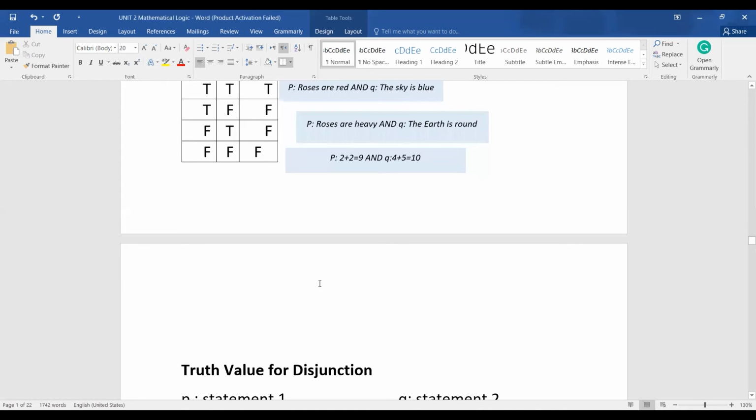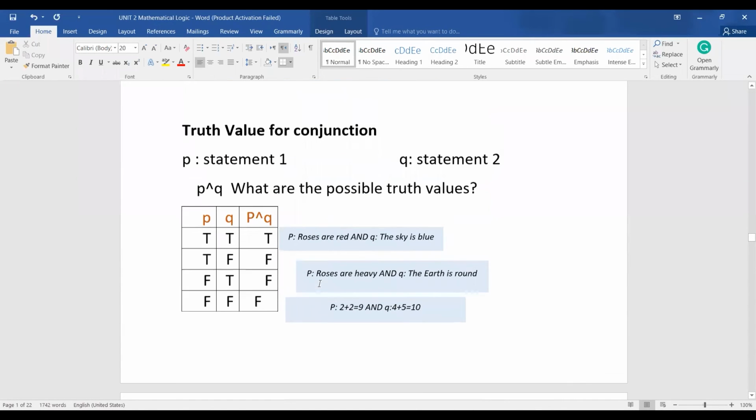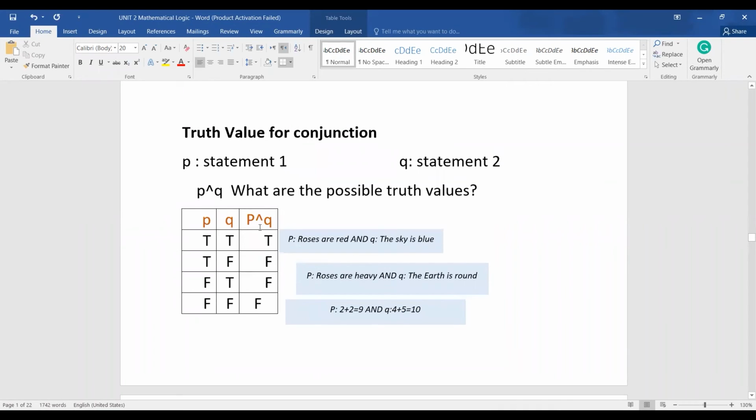Now here, in or you are giving options that this can be true or this can also be true. But here you are saying no, this is this and this is this. They are both together. So you are saying roses are red and the sky is blue. In this case, yes, both the statements are true. Roses are red, and with that you added, yes, the sky is also blue.